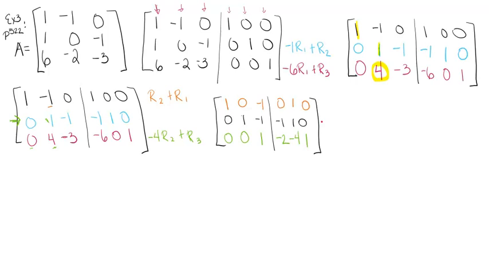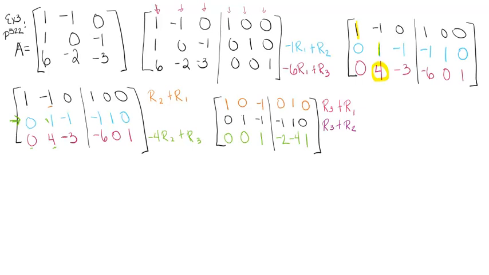But I could take my row 3 and I could add it to row 1. So if I take row 3 and I add it to row 1, I should be able to turn this third element into a 0. But then I also need to turn this third element in the second row into a 0. And how am I going to do that? Well, I can also add row 3 to row 2 to turn that third element into a 0.